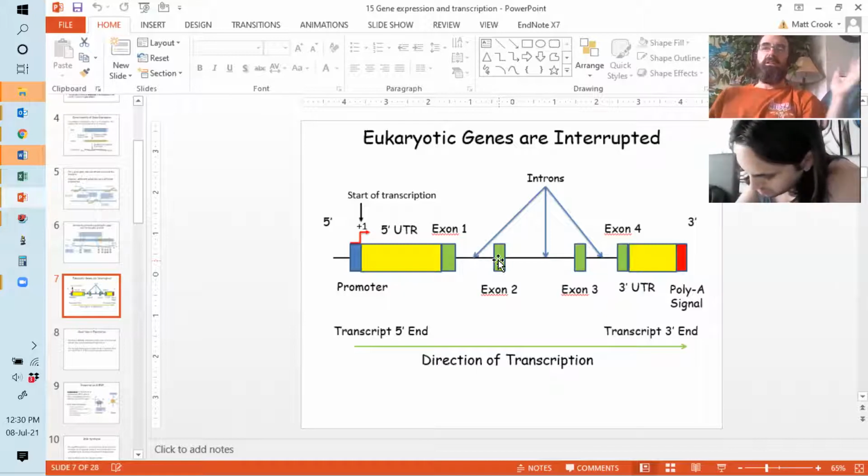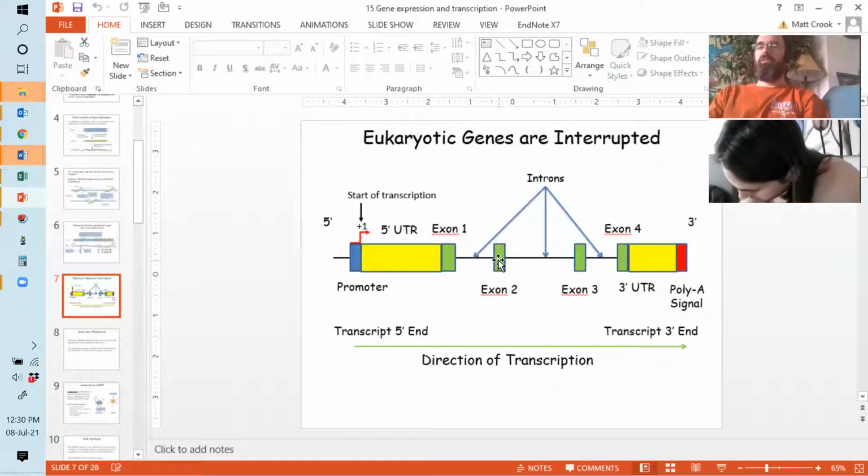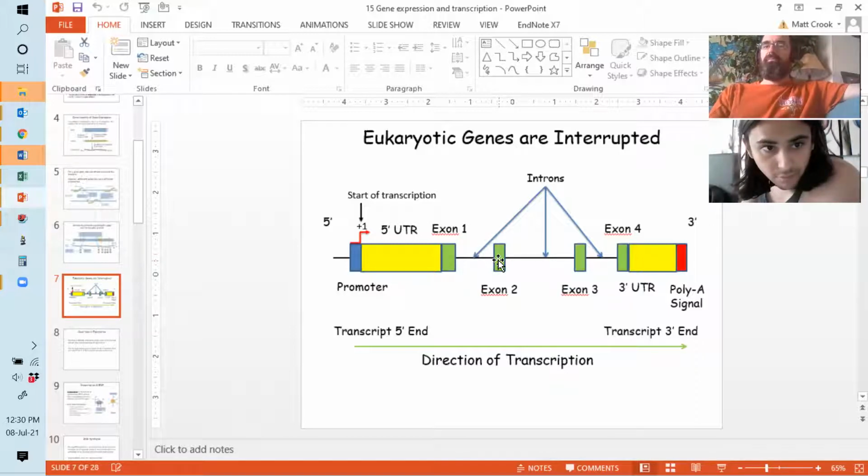That'll give you an idea of how much empty space essentially is in a eukaryotic gene. Now, I'm not saying that those introns don't serve a purpose, because they do. It's just they don't code for amino acids.